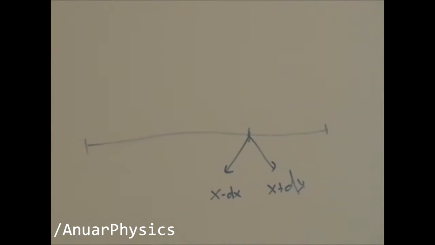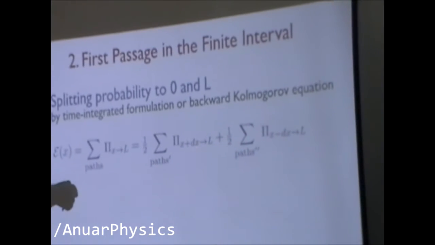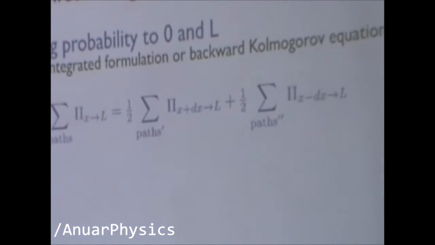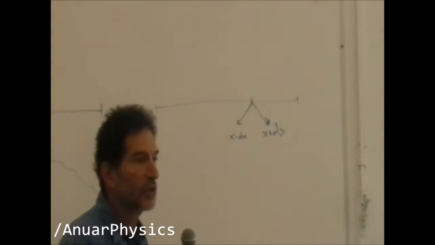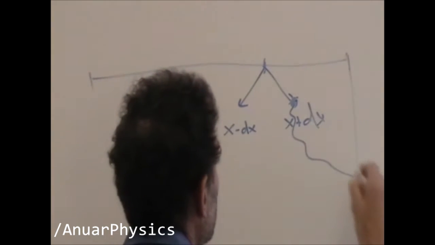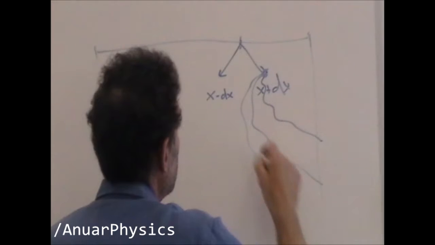And so that's what I've done: I have decomposed my paths according to what happens after the first step. If the first step is to the right, I can think of the whole process starting over again, just one step to the right. What I need to do then is sum over all trajectories that start at x plus dx and end up on the right side of the interval.